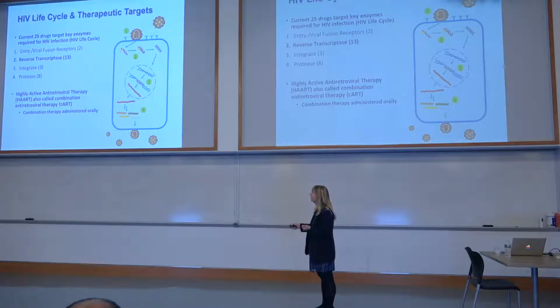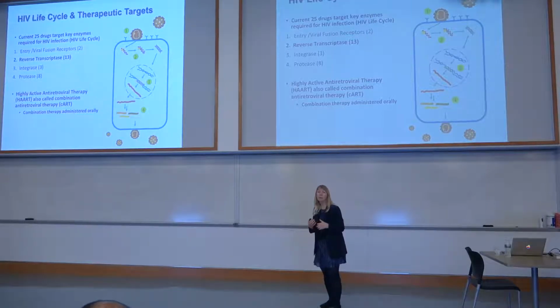Now, in order to manage the disease, we treat patients with what's called combination therapy. In order to keep the viral load suppressed and protect the functioning of the immune system and T cells, we need to administer more than one drug.